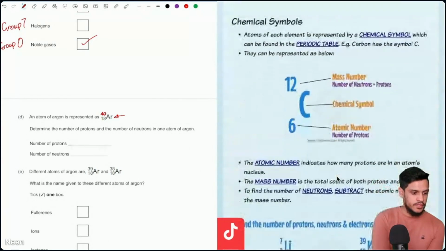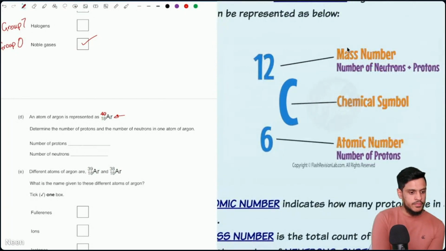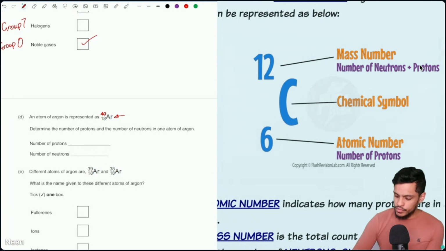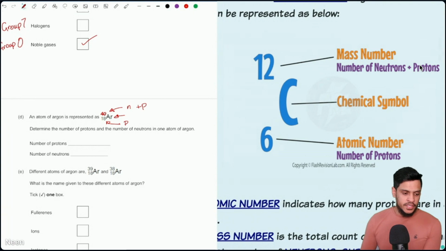So we've got it here in the notes. Mass number represents the number of neutrons plus protons. So that top number is neutrons plus protons. The bottom number is just the protons. So the number of protons is literally just 18. What about the number of neutrons? What do we need to do to work out the number of neutrons?